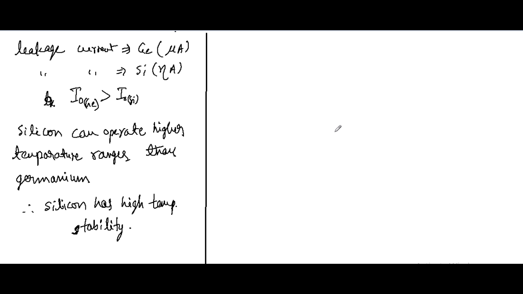And in CMOS technology, the silicon dioxide layer acts as a super insulator compared to germanium dioxide. Silicon dioxide, SiO2, acts as a super insulator.